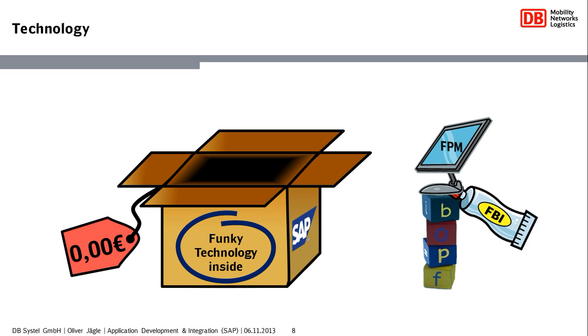This is a tool set which we were the first to use outside SAP, but it has been used inside SAP for many years now, except the FBI; the BOPF and the FPM have been used quite long. And why we went for that is that these are technical components, and when you implement a brand new application from scratch, that involves a lot of technical services: persistency, buffering, controlling the transaction, binding it to the UI, harmonizing the user round trip.